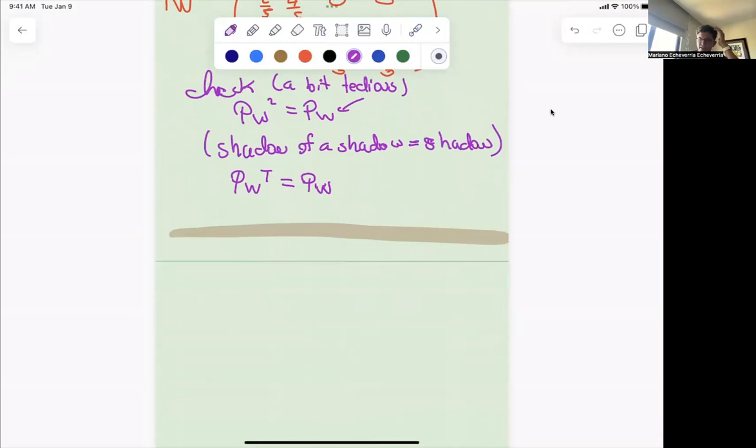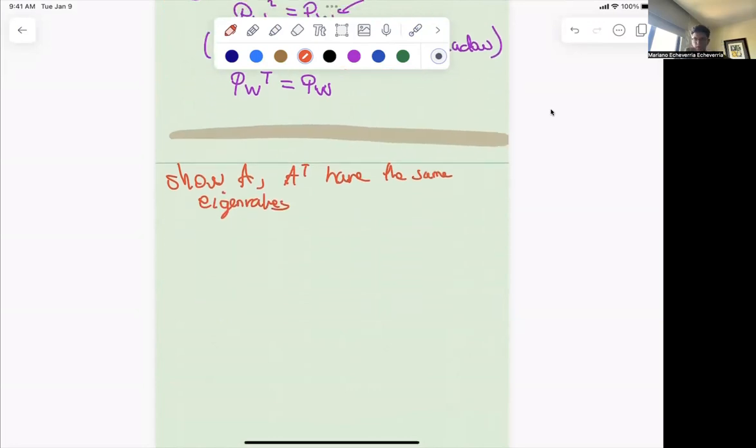It's just saying that A and A transpose have the same eigenvalues, basically. So show A and A transpose have the same eigenvalues. What are the eigenvalues for A? Remember that the eigenvalues for A can be found by solving the determinant of A minus lambda identity equals 0.